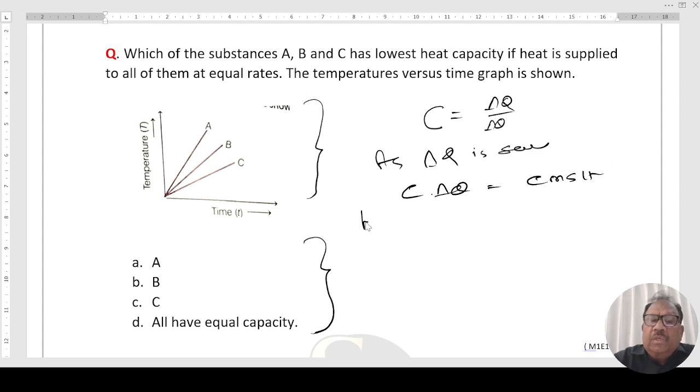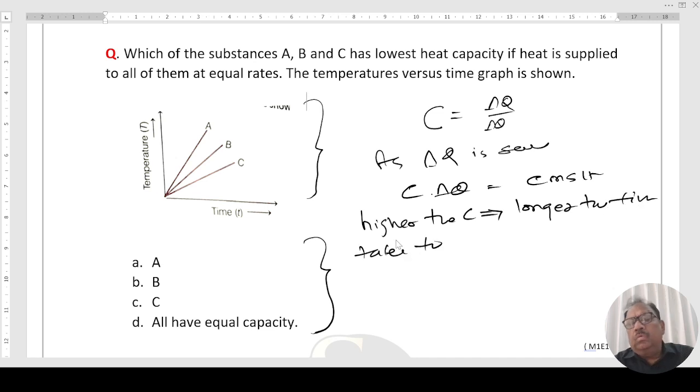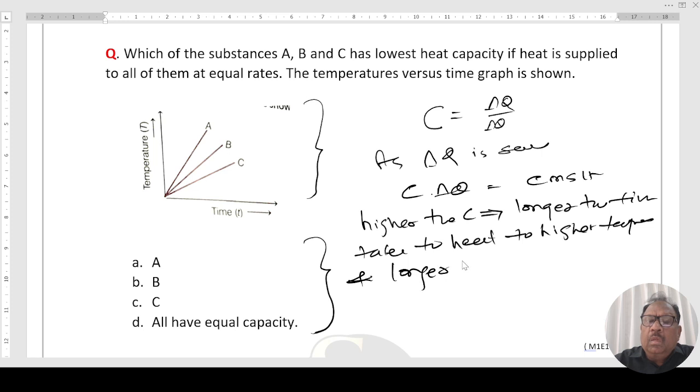Means higher the C, longer the time taken to heat to higher temperature, and longer the time taken to get cooled.